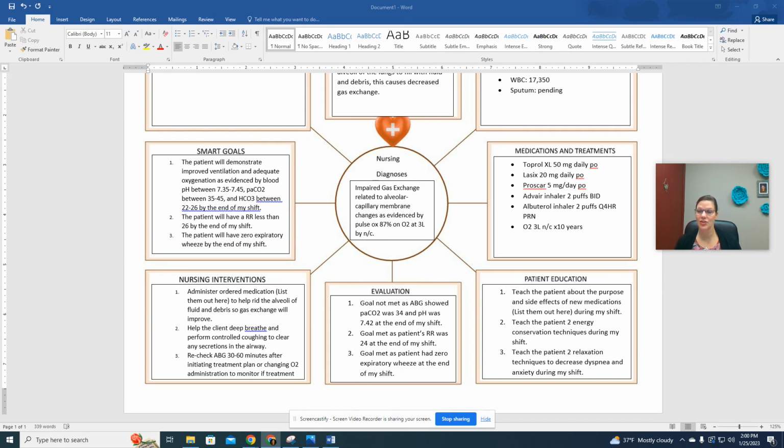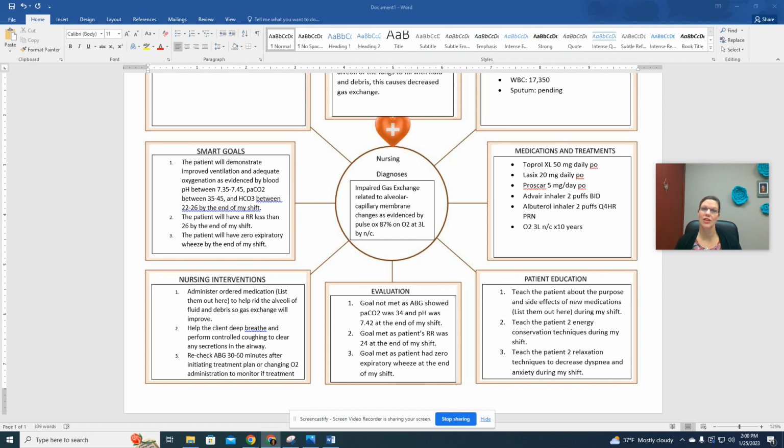And then I would list out the medications. If there's a whole bunch, maybe I'm just going to teach them about the purpose and side effects of 1 or 2 of the new medications during my shift. Number two, I'm going to teach the patient 2 energy conservation techniques during my shift. And number three, I'm going to teach the patient 2 relaxation techniques to decrease dyspnea and anxiety during my shift.